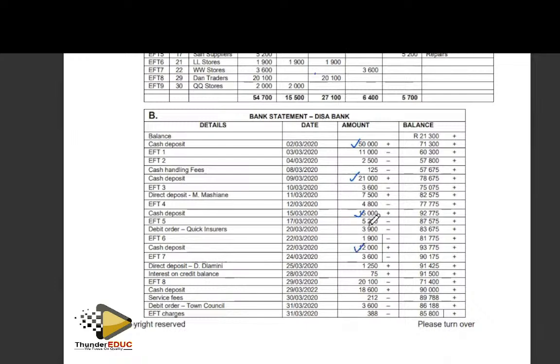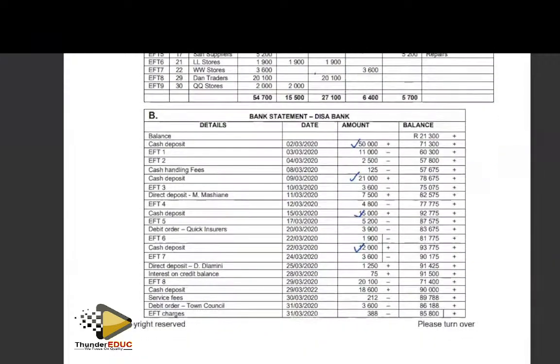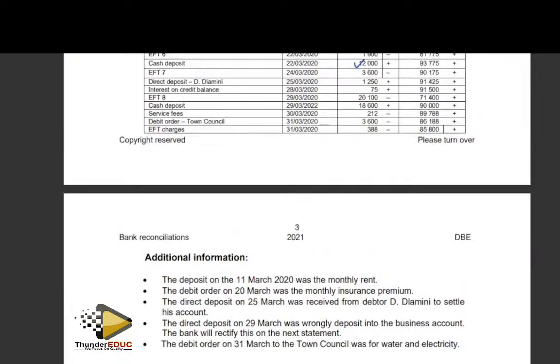So there is a 12,000 here, and there is a 12,000 here on the 22nd. Okay. So I saw some additional information on the 22nd. Let's check it. What is it saying? Remember, I said that it is better to always look at your additional information. There is an additional information on the 22nd of 12,000. Okay, it's fine. So that date is fine.